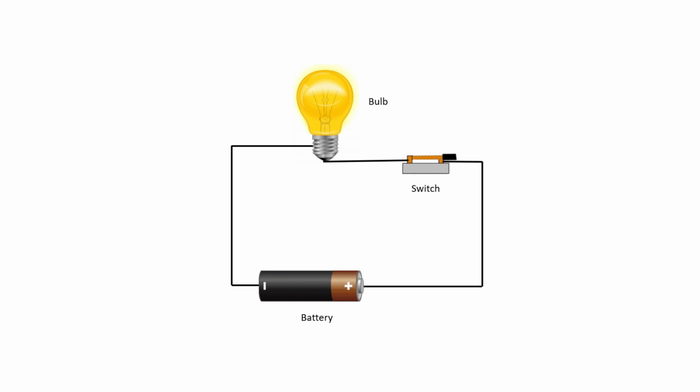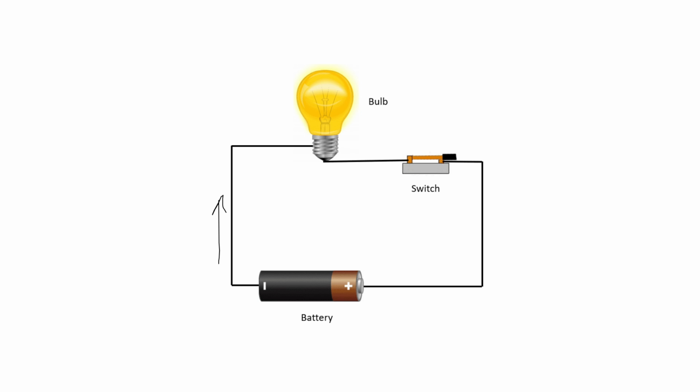If you connect a wire like this, these electrons are going to move from this negative terminal all the way to the positive terminal. And the battery facilitates that by providing a push of electrons from the negative terminal.